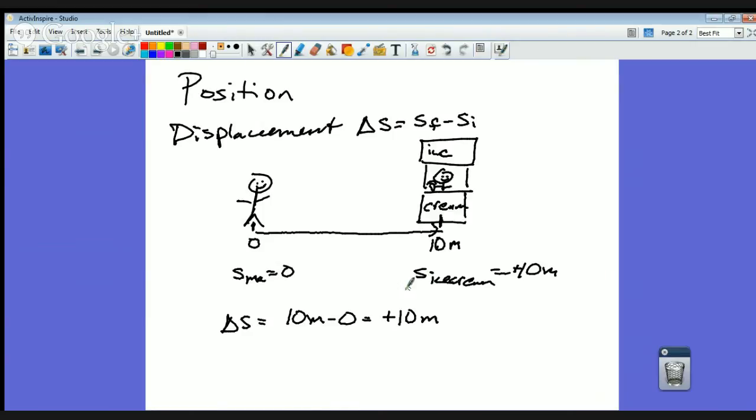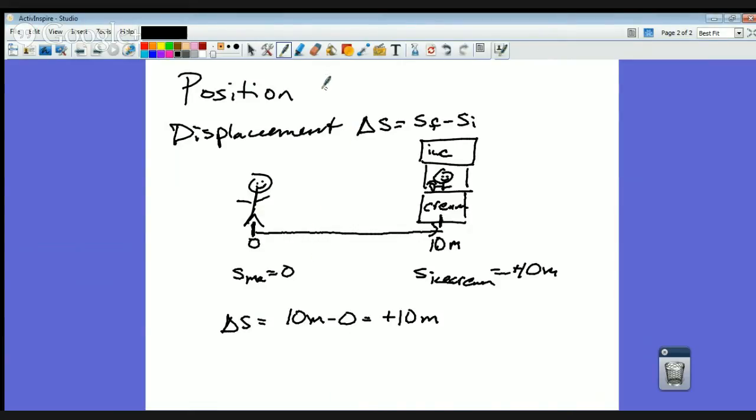That's important because displacement and position are both vectors. If I'm standing here, blindfolded, and you tell me there's an ice cream stand that's 10 meters away from me, that doesn't really do me much good if I don't know what direction to go. So you've got to tell people where things are. Position is a vector.